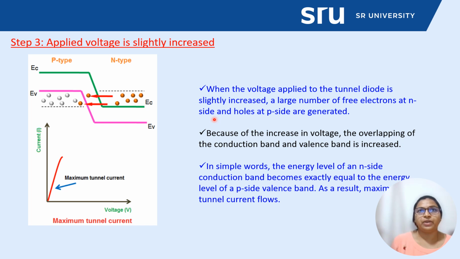So if we simplify it, the energy level of the N side conduction band becomes exactly equal to the energy level of the P side valence band. As a result, maximum current can flow. You can see that this maximum tunnel current can flow.